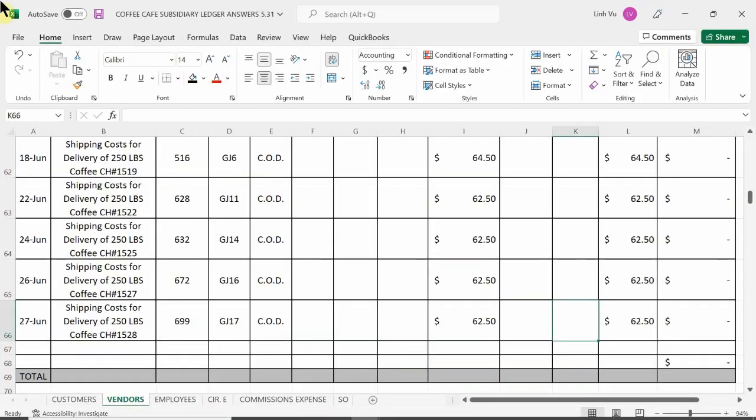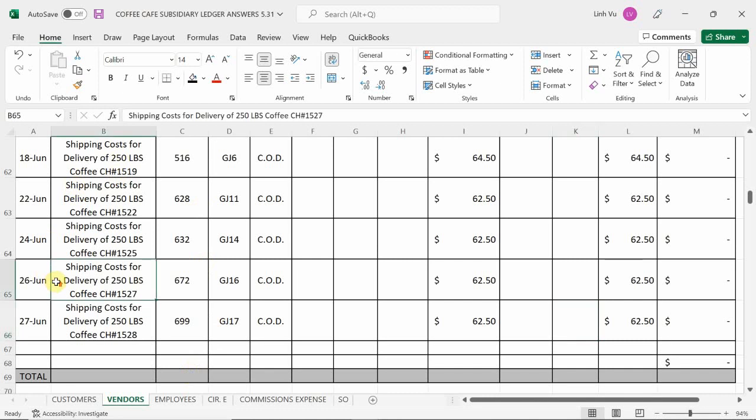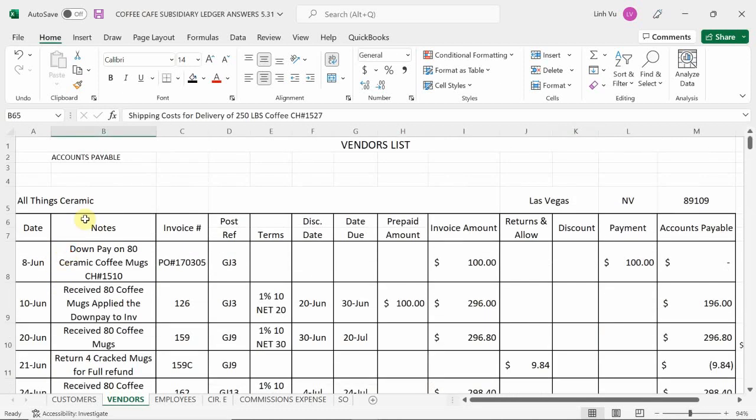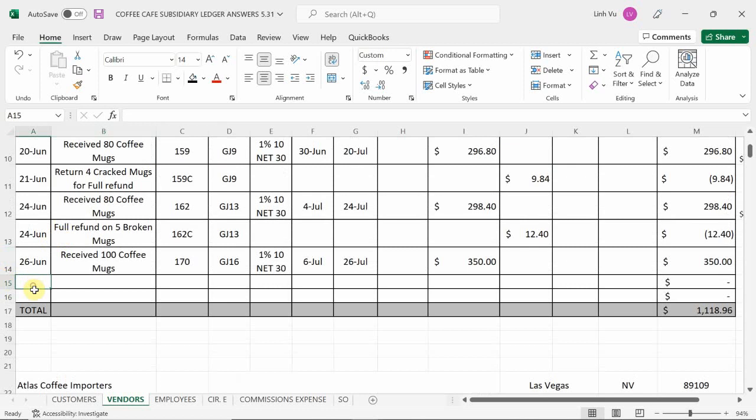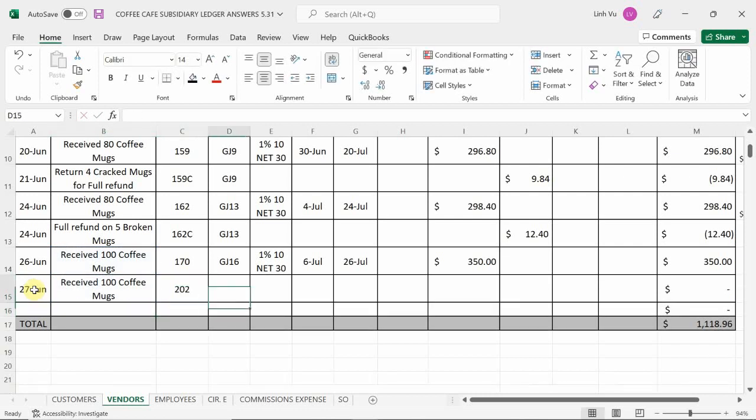So I need to drop that into my subsidiary ledger because now I owe All Things Ceramics even more money. So in this case, 627. Okay, received 100 mugs. Invoice number 202, General Journal 17.